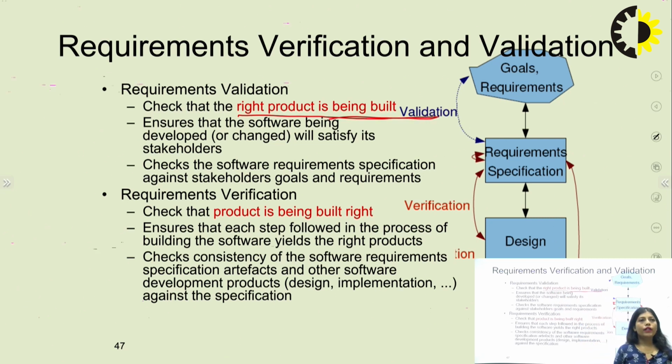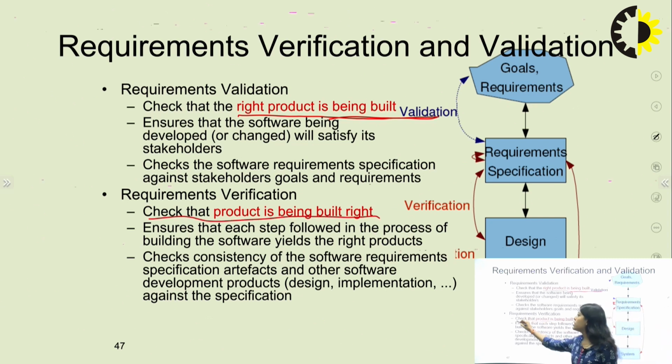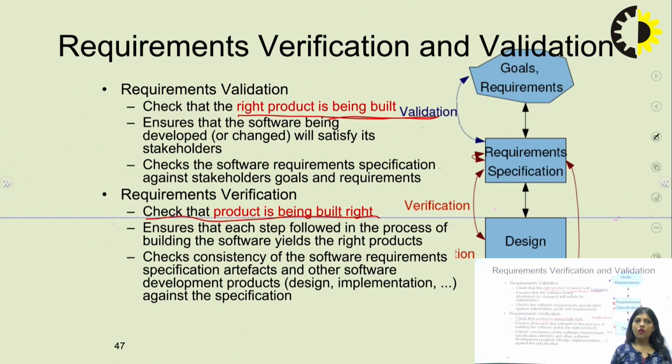But in requirement verification, we check that the product is being built right. It also ensures that each step followed in the process of building the software yields the right products. And it also checks the consistency of the software requirement and specification artifacts and other software development products, like design and implementation, against the specification.